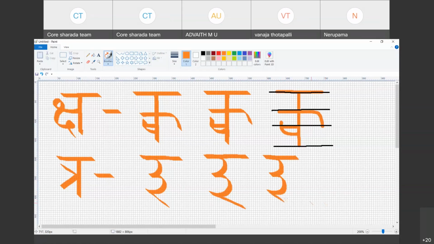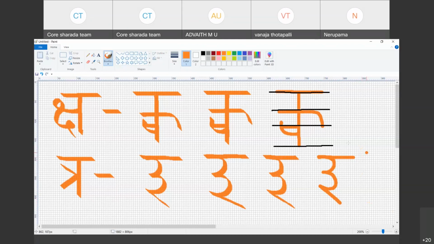Make sure that you have enough line behind. Keep it longer. This is Tra. With a normal brush, if I draw it, this is Tra.